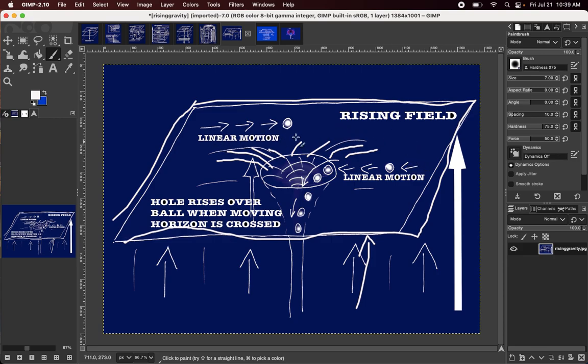So something moving in linear space, if this linear space is moving upward in this fourth dimensional direction, then the linear object will get swallowed by the moving whole.